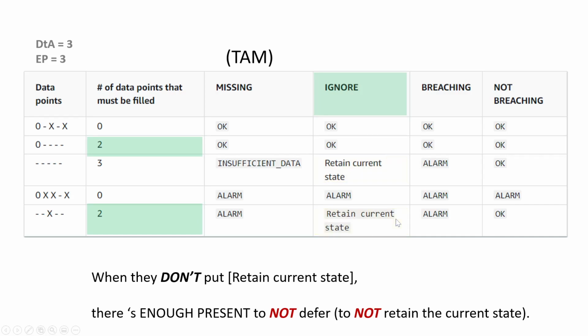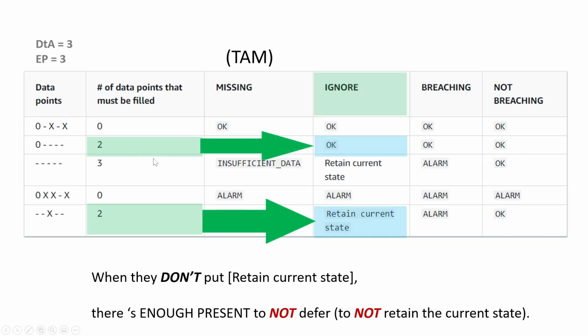Now, let's see. So what's confusing about this table is that on row 2 and row 5, which I've put in green here, we've got 2 data points that need to be filled because look, we've got an evaluation period of 3. We've got 1 data point with data.